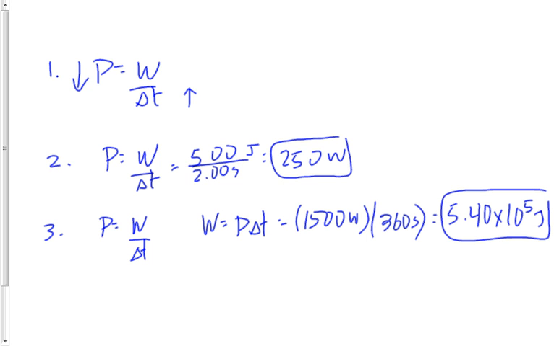So that's 540,000 joules, right? That's a lot of energy, right? Basically what I'm saying is don't turn your hairdryer on for 6 minutes, because it uses 540,000 joules. You guys know how much electricity costs these days? Well, it costs about 10 cents per kilowatt hour. And a kilowatt hour is about 3.6 million joules.